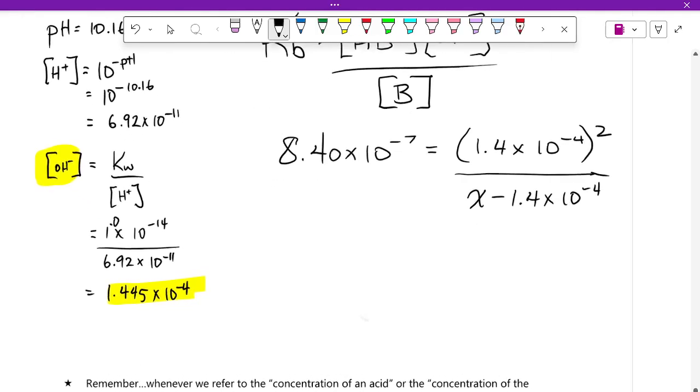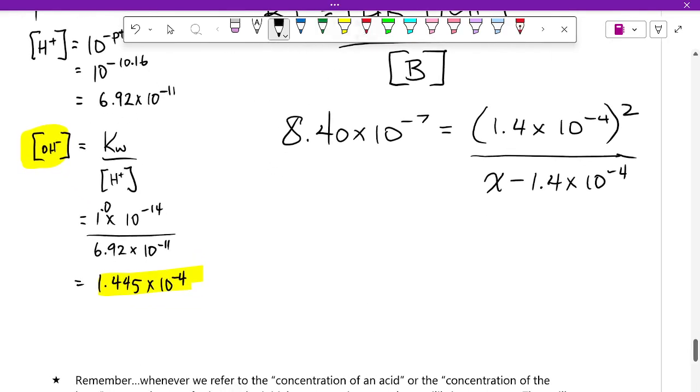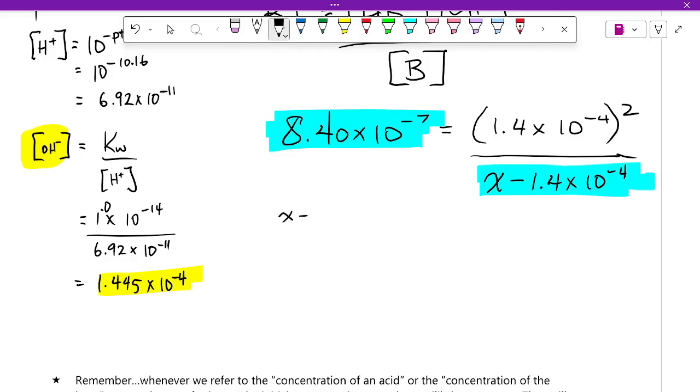Easiest way to do the algebra on this one is to swap this and this. So let's bring our X minus 1.4 times 10 to the minus 4 up to the left-hand side.